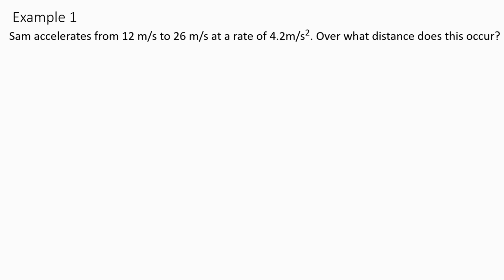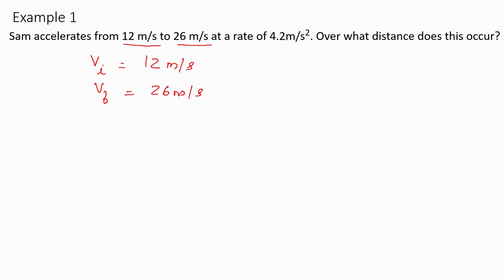Here, Sam is accelerating from a velocity of 12 meter per second to a velocity of 26 meter per second. So from this we can understand initial velocity Vi is 12 meter per second and final velocity is 26 meter per second.